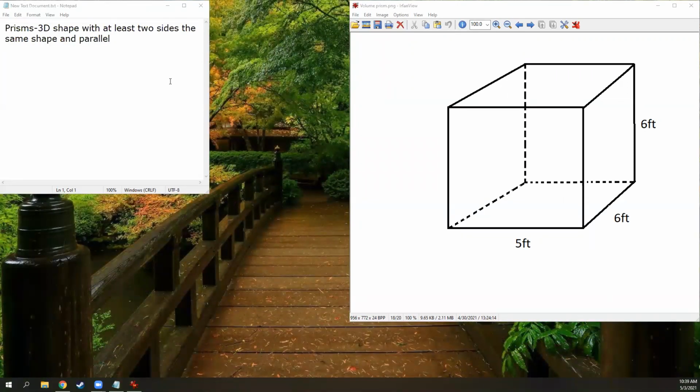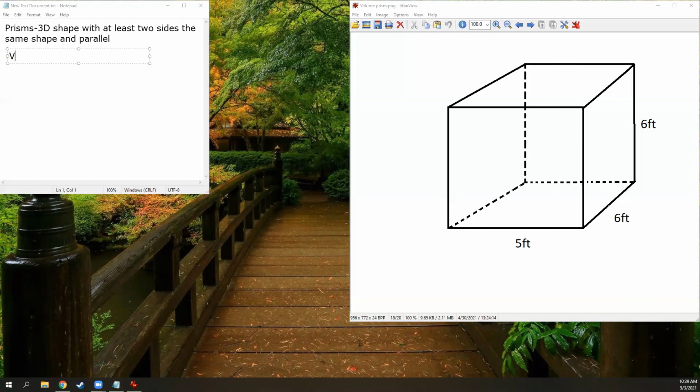So looking at this, it's not a cube actually. It's a rectangular prism because the sides aren't all the same. If it was 5 and 5 or 6 and 6, it would be a cube. But it's not. If you look down here, this little square is 5 by 6. And across the shape at the top here is 5 by 6 as well. So it's two of the same shape that are parallel to each other. That makes it a prism.